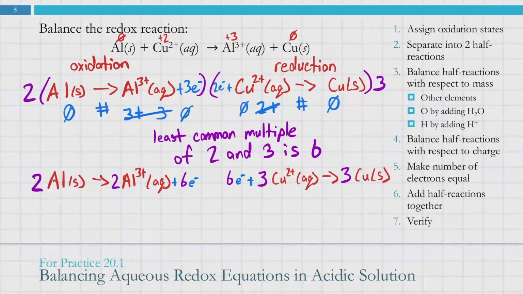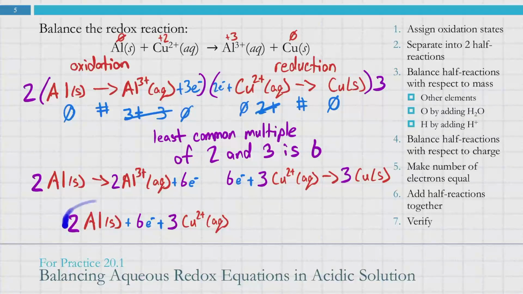A little short on space, so I'm not going to rewrite them over each other. That's usually what I would do. So 2Al as a solid. I'm going to be lazy and duplicate everything. You can write these, by the way, in any order you want.